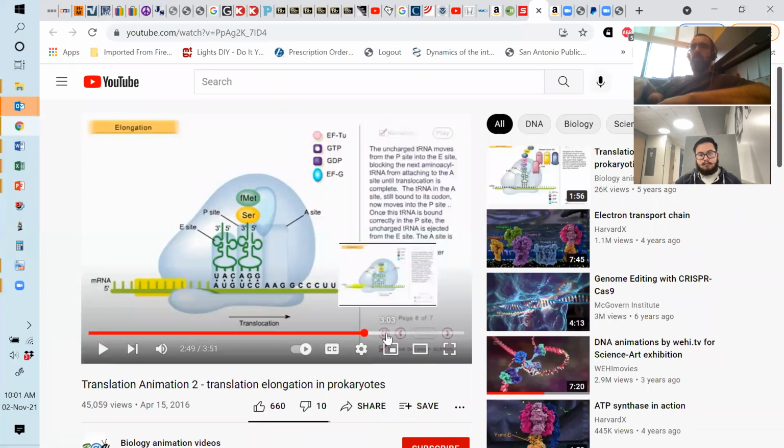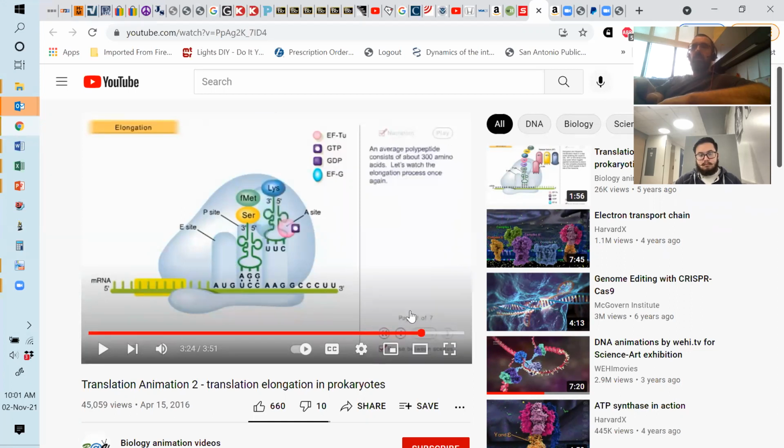Oh, yeah, also the tRNA that's in the E site will leave. Right. Gone. And here's the lysine tRNA coming in. Just do the same thing all over again. Another elongation factor G comes in with some GTP, moves again.